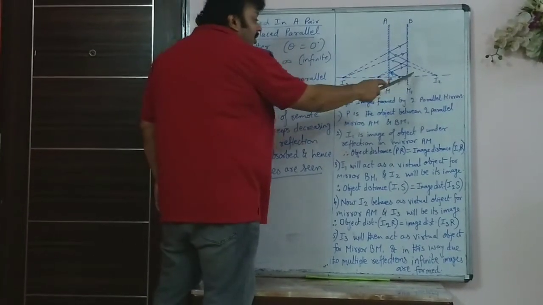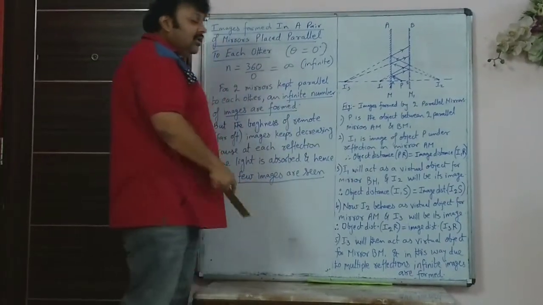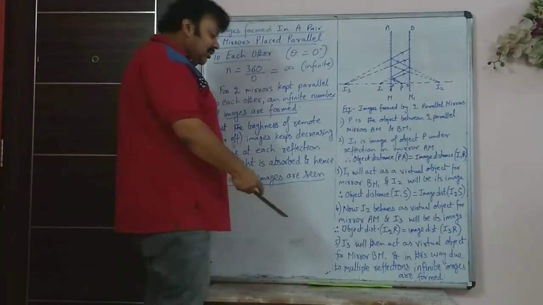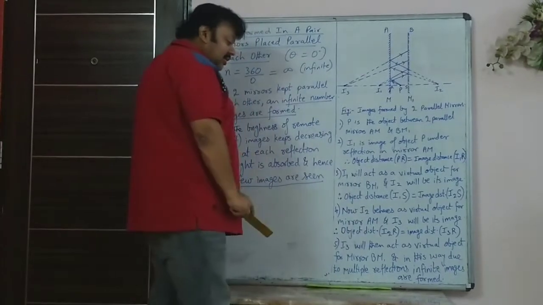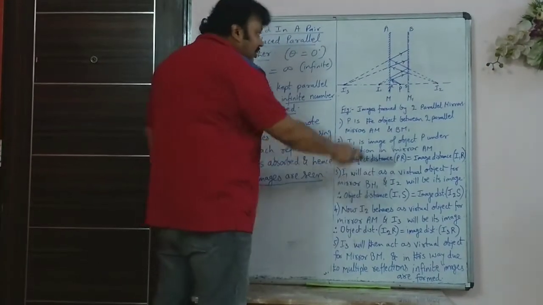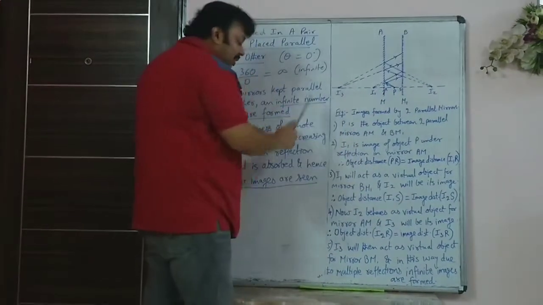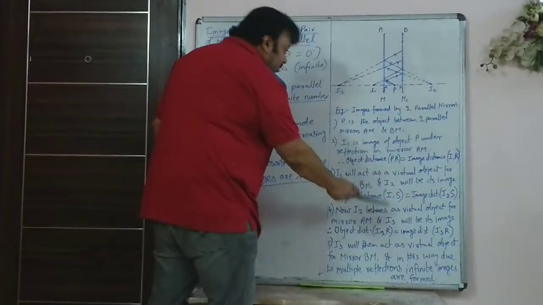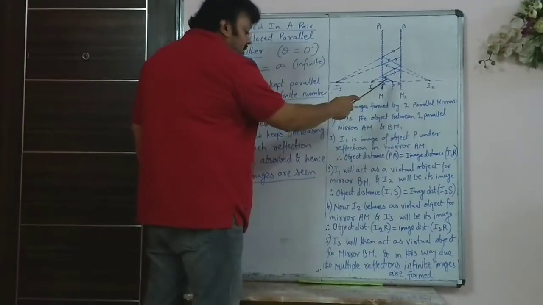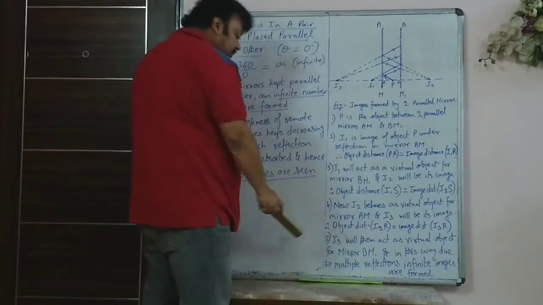So I2R is the object distance and I3R is the image distance, and those distances would be the same. So that is what is written in this fourth point. Now I2 behaves as virtual object for the mirror AM and I3 will be its image. So object distance I2 to R will be equal to image distance I3 to R.